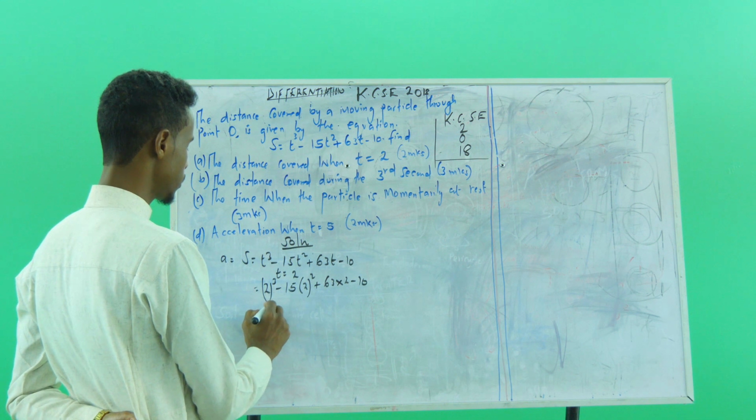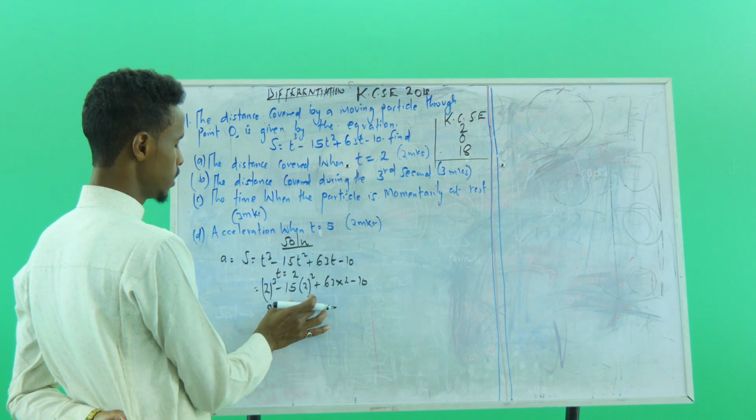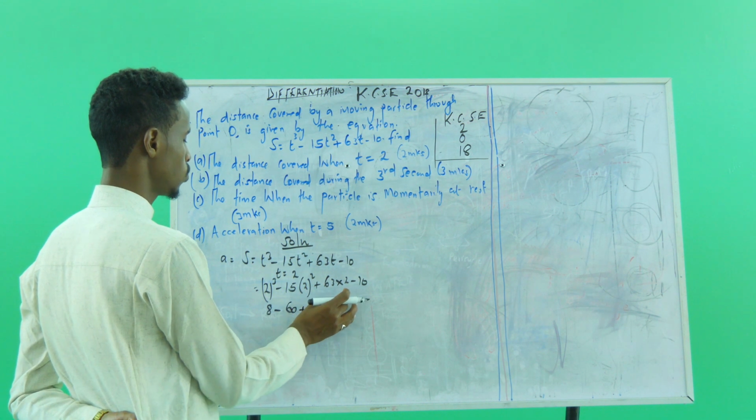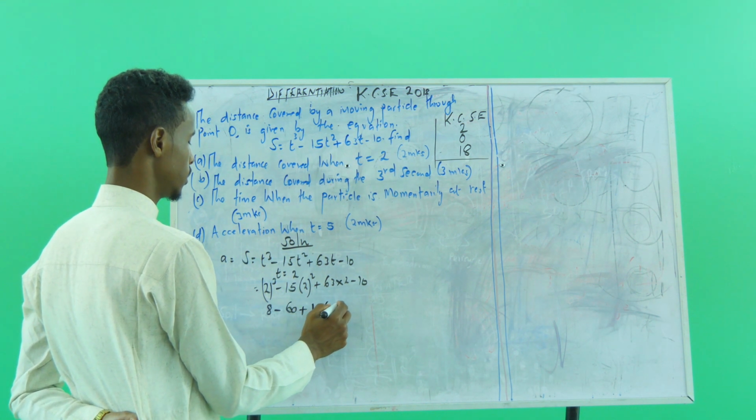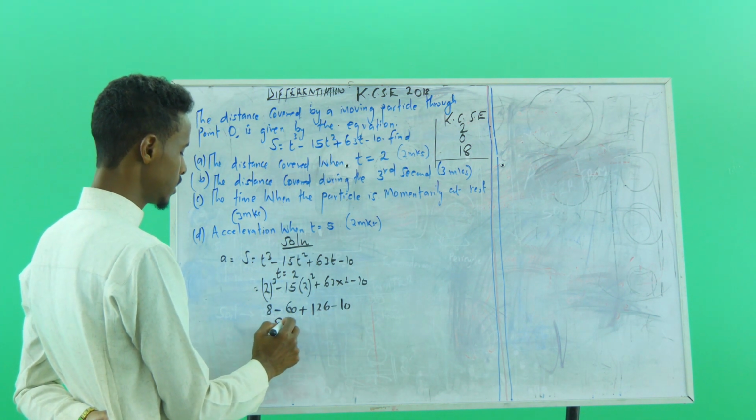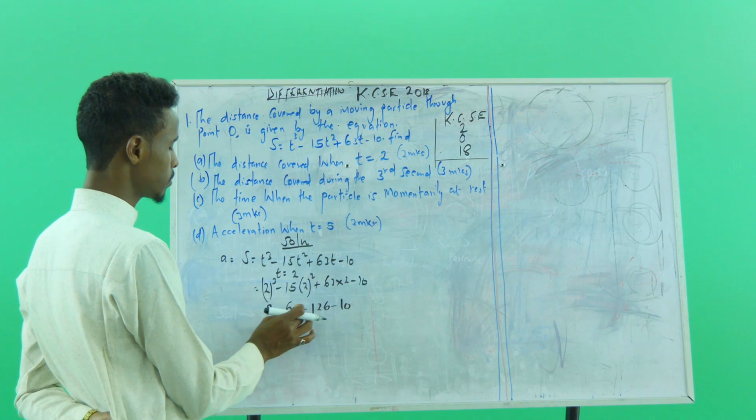This one will be 8 minus, 15 times 4, which is 60, plus 126, and minus 10.